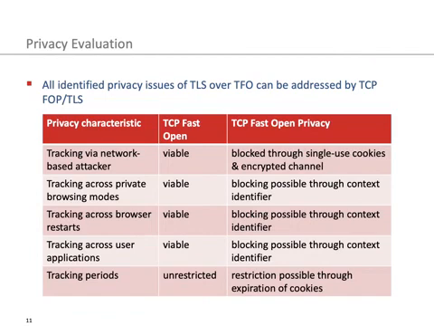Tracking across user applications can be possible if multiple user applications use the same TLS cache. In that scenario, one could use a context identifier for each application and thus prevent an application from reusing TCP Fast Open cookies of another application.